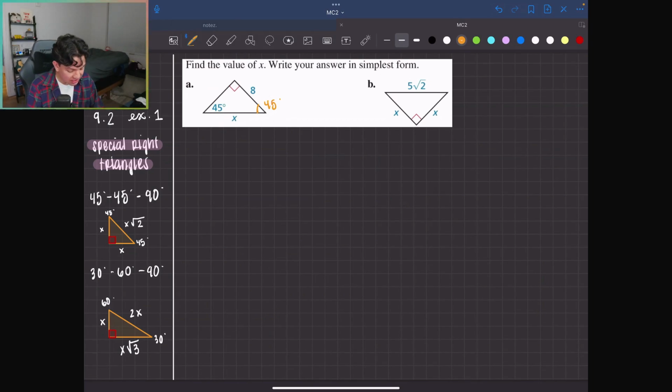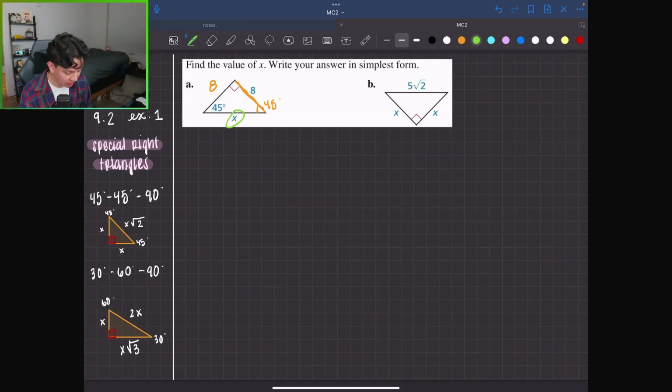Well, one of our side lengths is 8. So if one of our side lengths is 8, then that automatically tells us that the other leg is also going to be 8. So our hypotenuse of a 45-45-90, or our x value over here, is always the length of our leg times root 2.